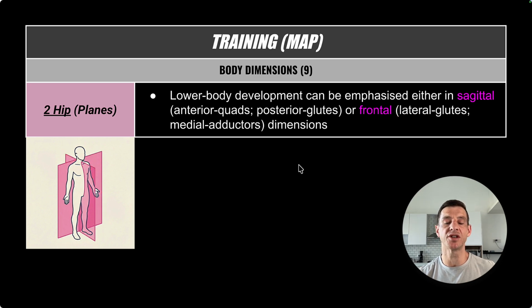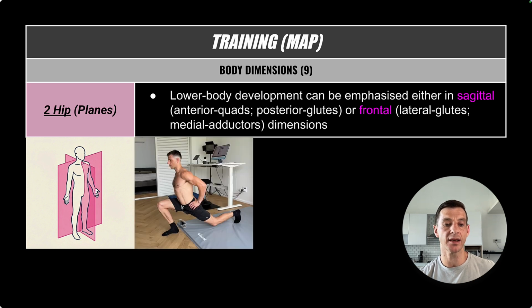So if I want to develop my hips or lower body in the sagittal plane, this would be like a squat, or in this case, I'm demonstrating the split squat hold. And what most people don't realize is that this will equally put an emphasis on the anterior quads or posterior glutes. So here and here.